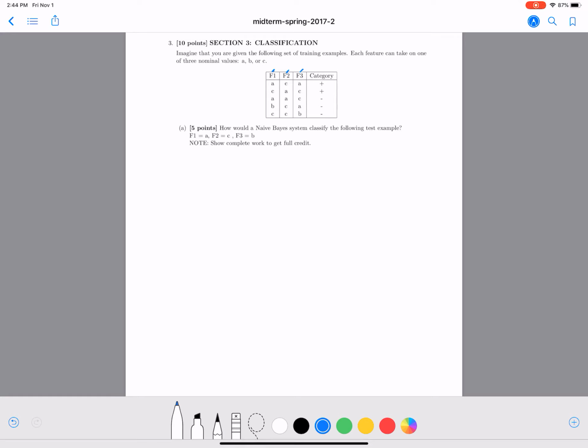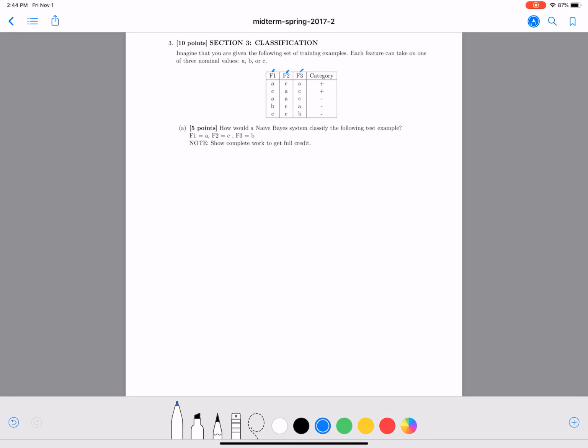Now we want to calculate for a test example where F1 is equal to A, F2 is equal to C, and F3 is equal to B. So for that, first we calculate all the probabilities because we are required to show complete work.